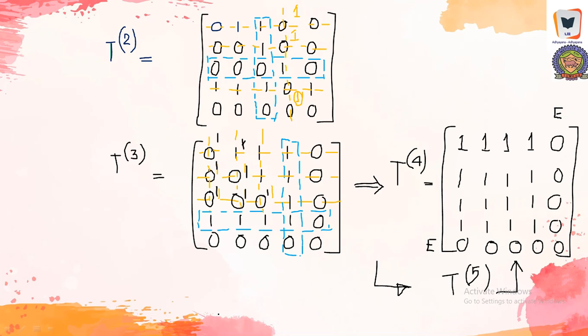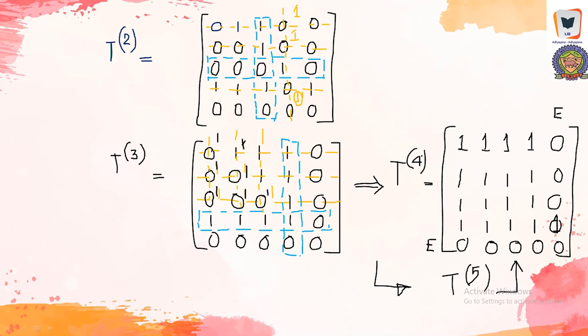Okay, vertex E is connected only from, oh no, here it should be 1 because it is connected from D. So it remains as it is, because if you select a column over here, you can draw only a horizontal line from this one. All the entries are already 1 because you cannot draw any vertical lines from over here because all are zeros. Therefore T5 remains to be T4.